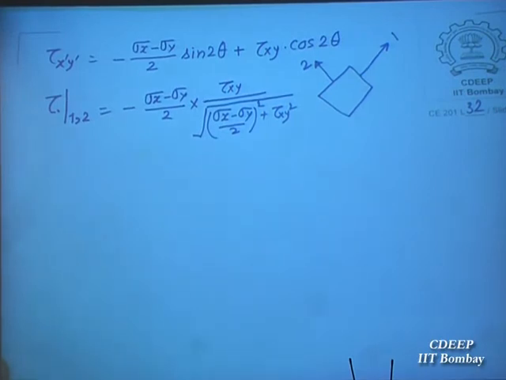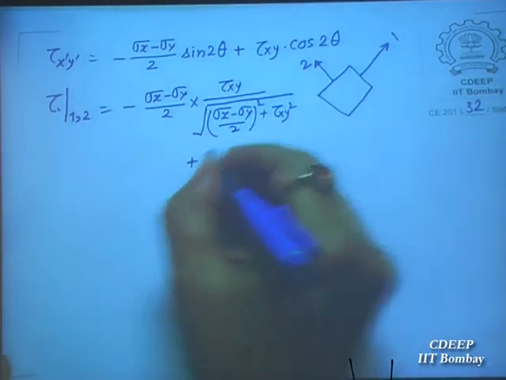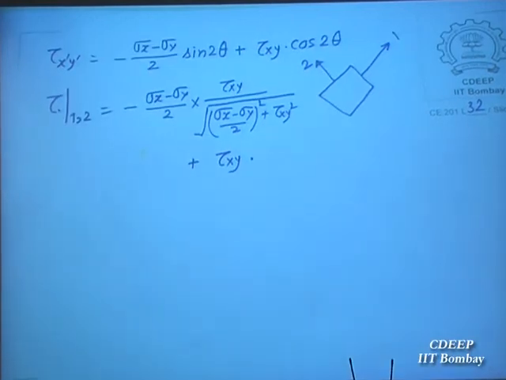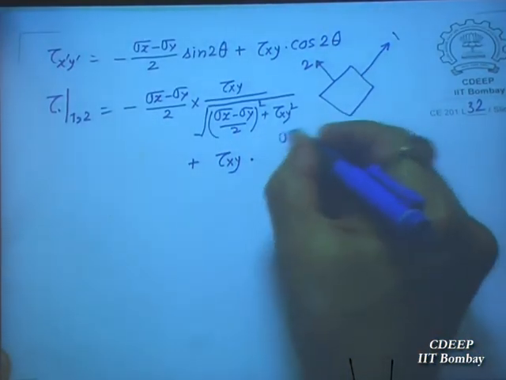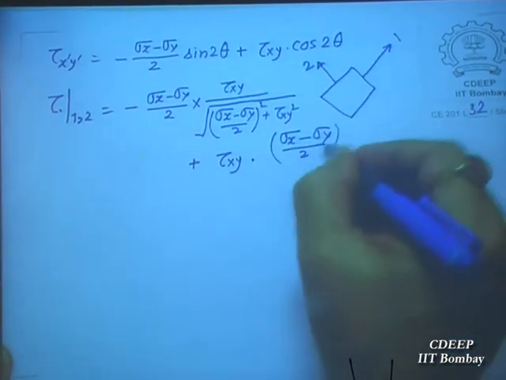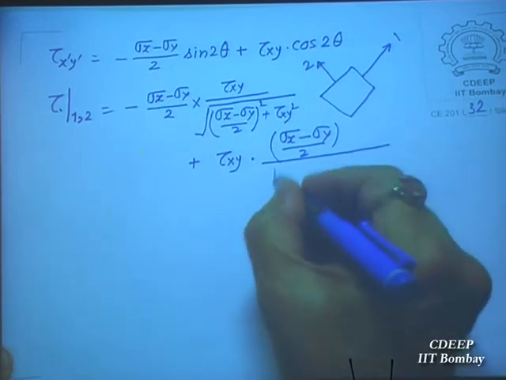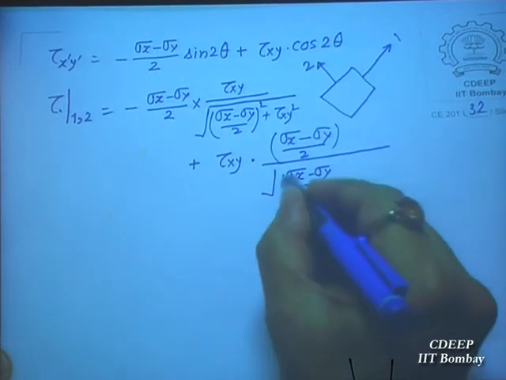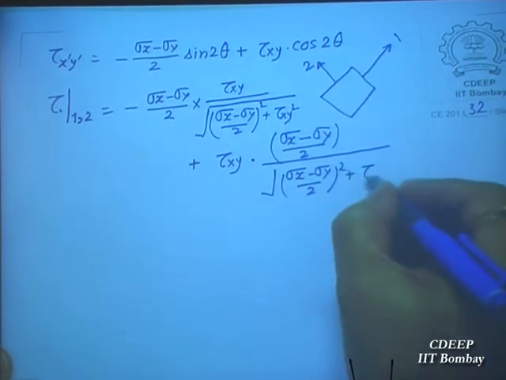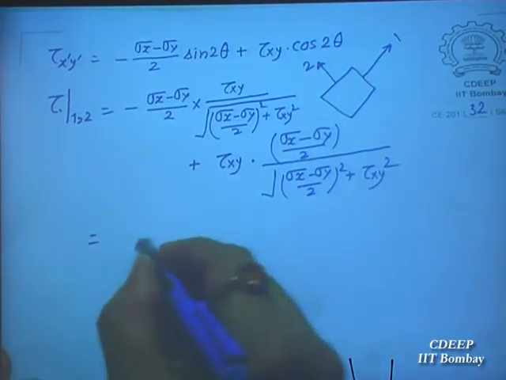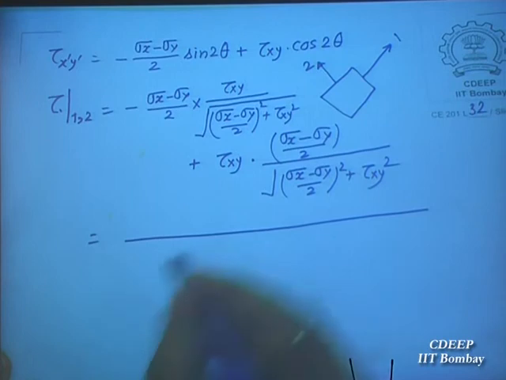So this one plus tau xy multiplied by cosine 2 theta. Cosine 2 theta is sigma x minus sigma y by 2, the base, divided by under root. Please add this. Take the LCM.